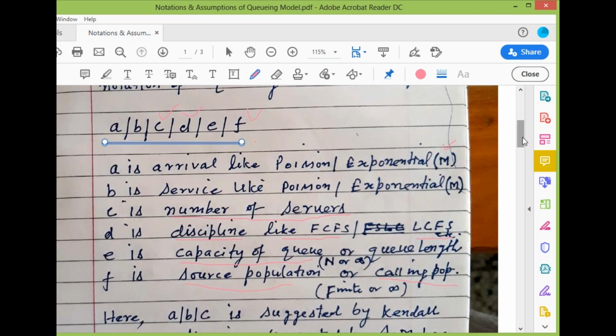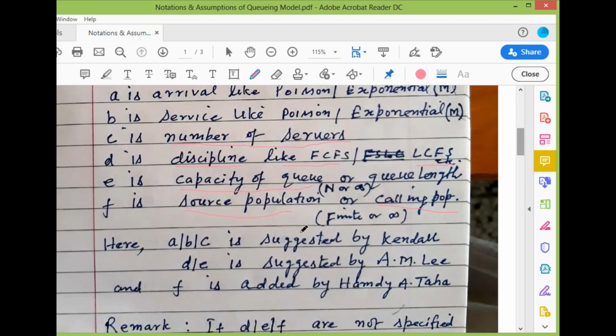Out of these 6 letters, the 3, A, B, and C, this combination of letters was suggested by Kendall, and then D and E. So this is the primary development of the notation. Later came D and E. In the beginning it was only A, B, and C.